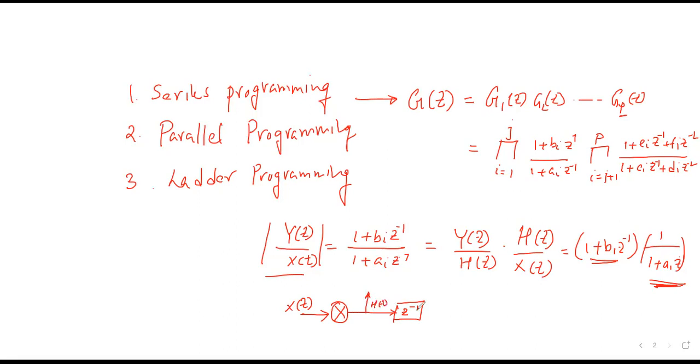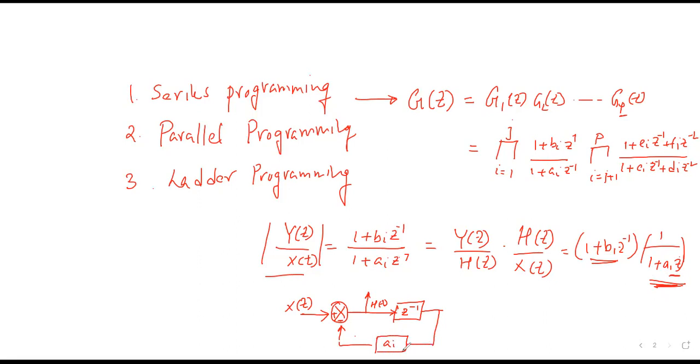So now from the H(z), you will have the feedback of this one with minus a_i. So the feedback is going here with minus a_i. So minus will be put inside here, plus here with the a_i.